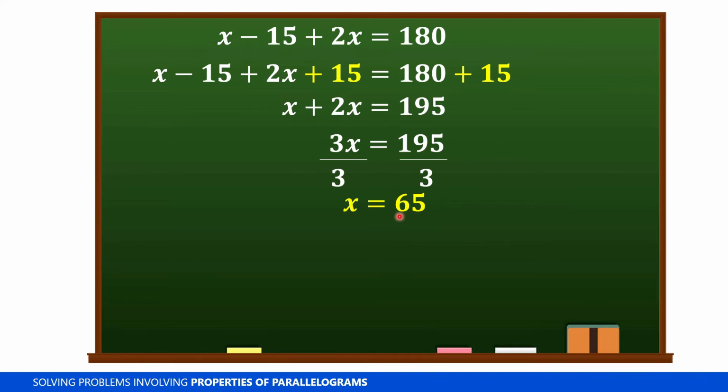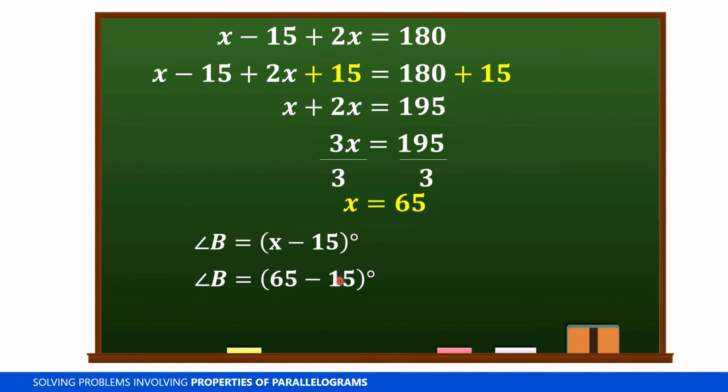We are going to use the value of x, which is 65, to determine the measurement of angle B and angle C. Since angle B is equal to the quantity x minus 15 degrees, let's substitute 65 for x here. So we'll have the quantity 65 minus 15. Again, 65 came from the value of x that we solved earlier.